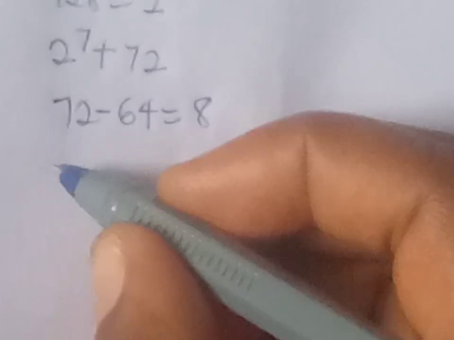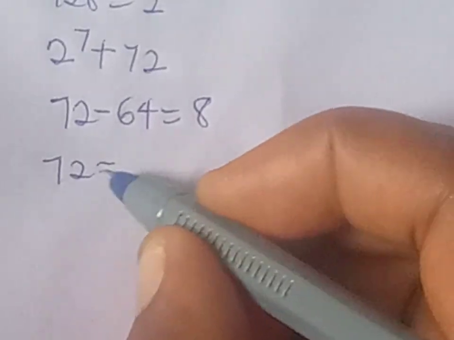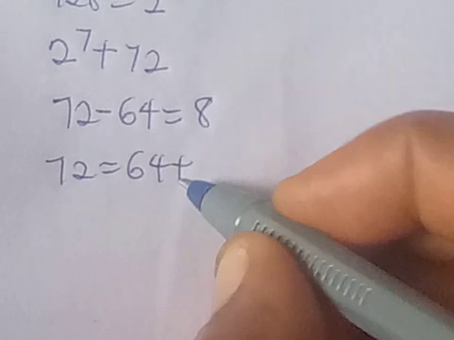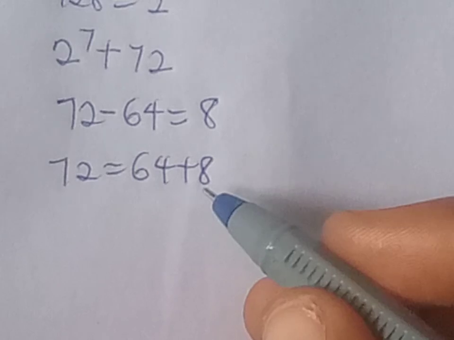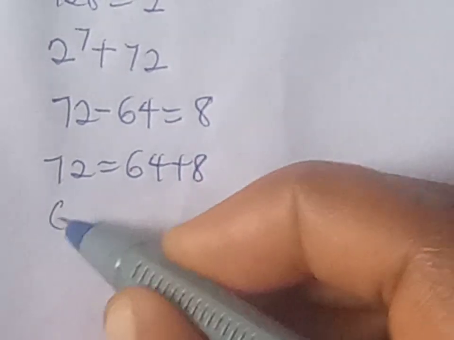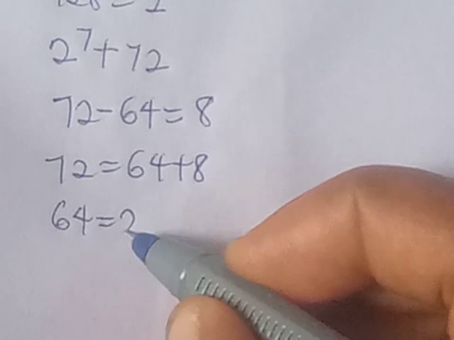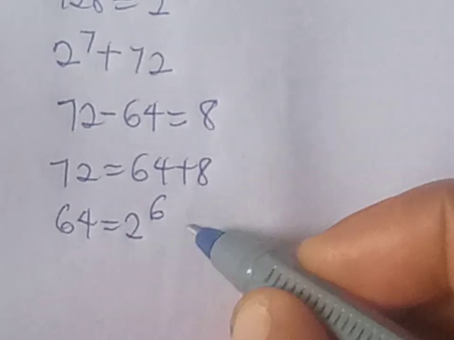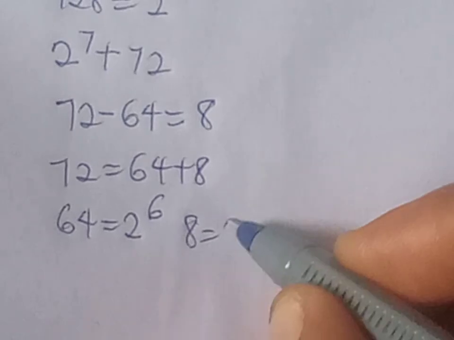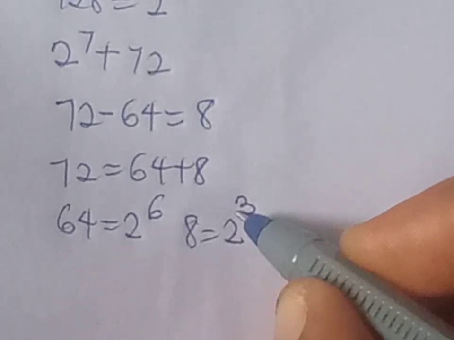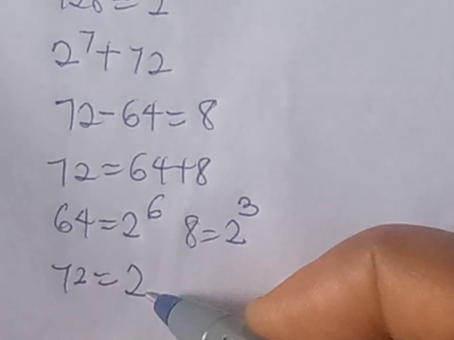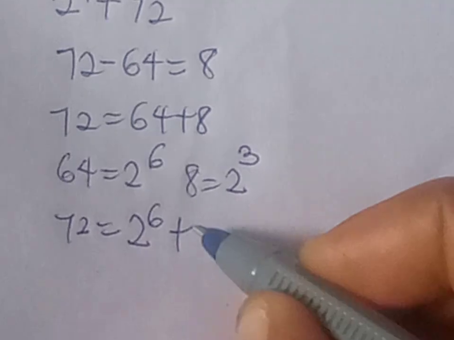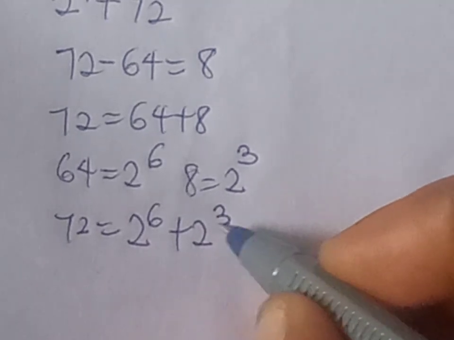Now we have it as 72 equals 64 plus 8. But both of these are powers of 2 because 64 equals 2 raised to the power of 6 and 8 equals 2 raised to the power of 3. So 72 equals 2 raised to the power of 6 plus 2 raised to the power of 3.